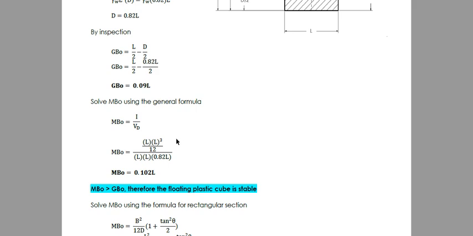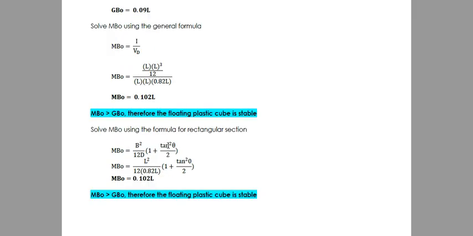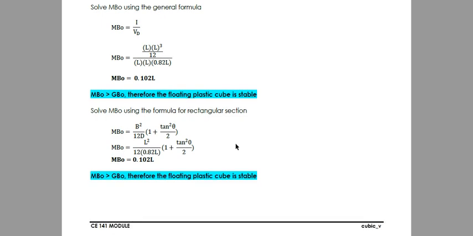Now, we can also solve for MBO using the derived formula for rectangular section. MBO is equal to B squared over 12D times the quantity 1 plus tangent squared theta over 2. Since wala naman siyang angle of tilt, hindi naman sinabi sa problem na nag-tilt siya, basically, theta is 0. So, MBO is equal to L squared over 12D.